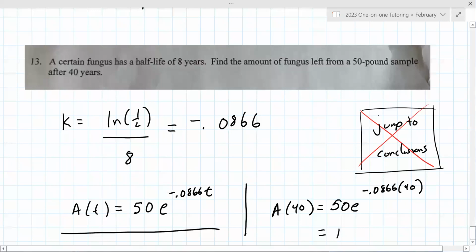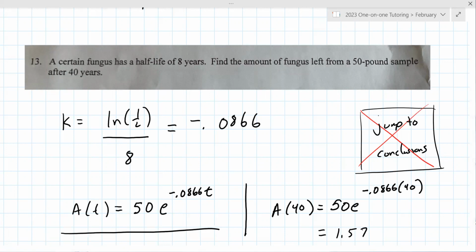All right, and that becomes 1.57. And probably good to put the pounds in there.